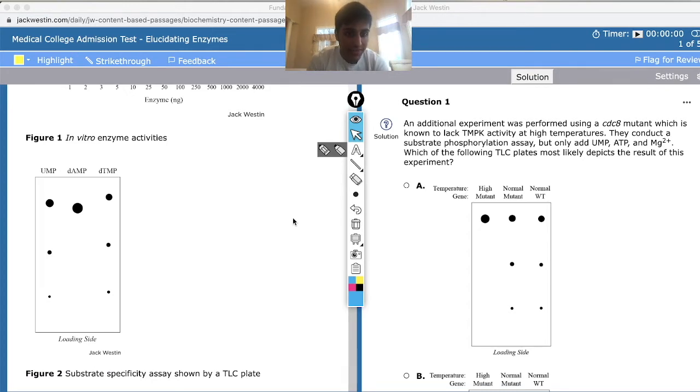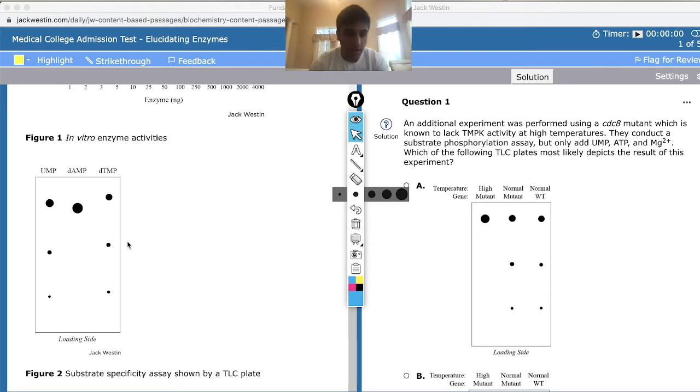So we have a substrate specificity assay, okay? Basically what they did is they gave you some different substrates right here: a uridine monophosphate, deoxyadenosine monophosphate, deoxythymidine monophosphate. And they added the CDC8 protein to it. So they wanted to see what the CDC8 protein could create.